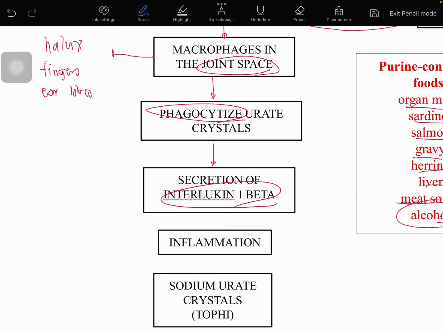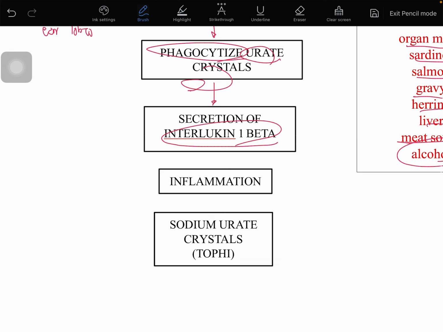Wherein, di ba alam naman natin na ang ating gout is actually disease driven solely by your interleukin 1 beta. Wherein in response yan sa mga uric crystals natin, which forms during your hyperuricemia. Kaya marerelease po or masasecrete po yung ating mga interleukin 1 beta wherein it will result to inflammation.